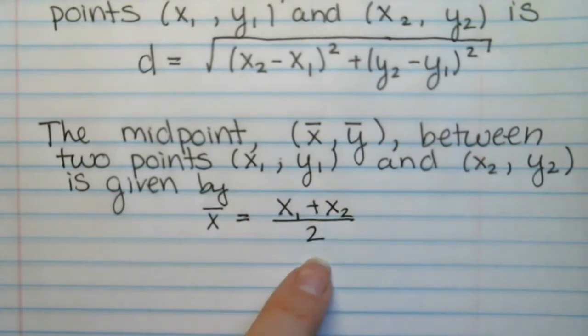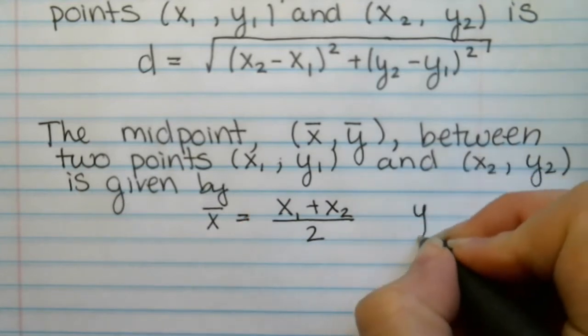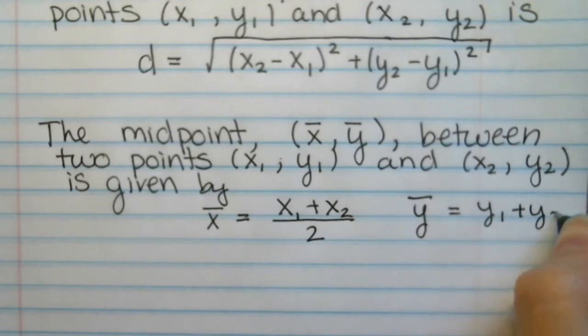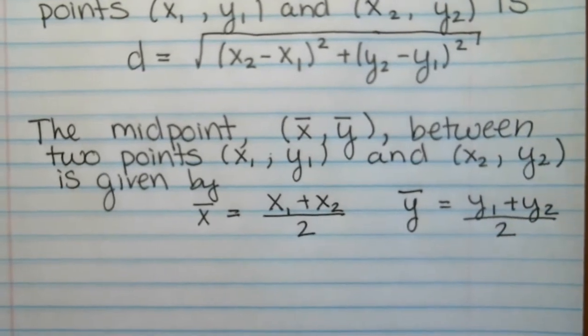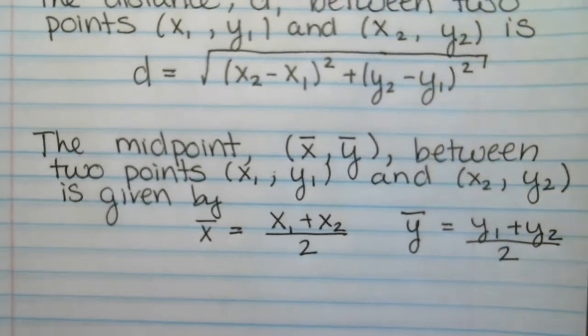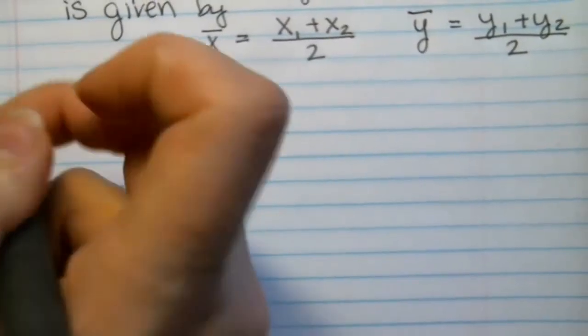Okay, so you can see that this really is the formula for the average. You add them up and divide by how many there are, so you really are finding the average of the x coordinates and the average of the y coordinates. Okay, all right. So there we have our two formulas. So let's go ahead and do a straightforward application of these two.